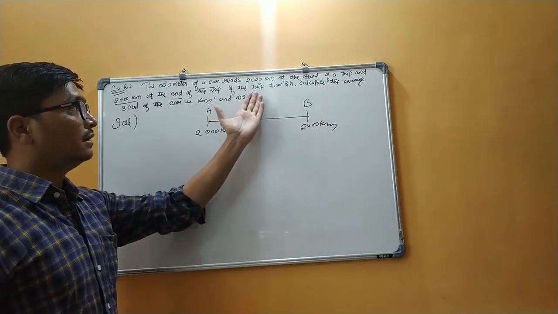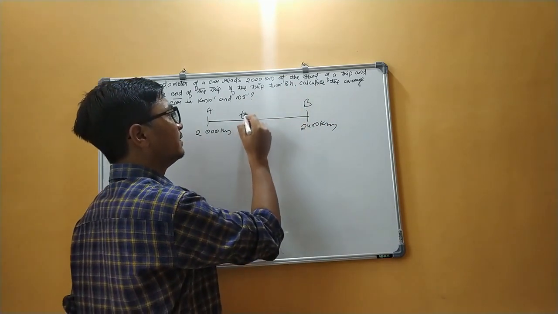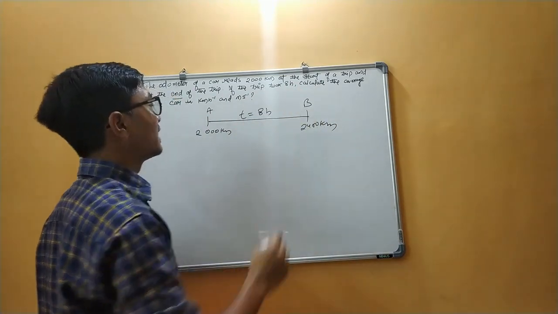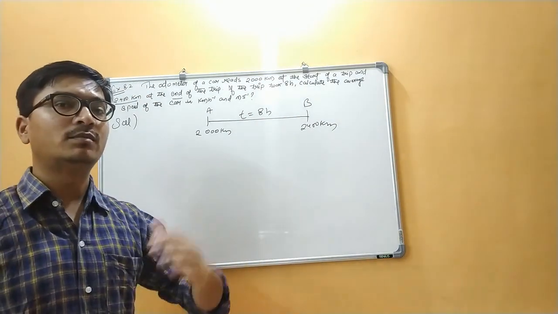And if the trip took 8 hours, time taken will be 8 hours. Calculate the average speed of the car in kilometers per hour and meters per second.